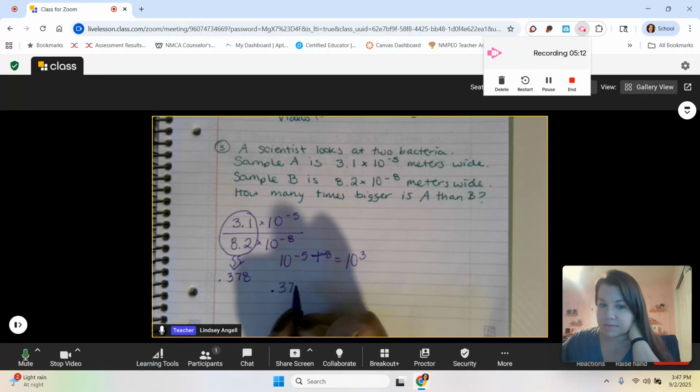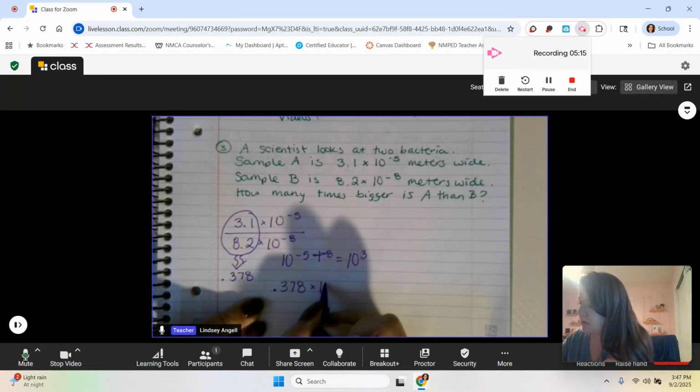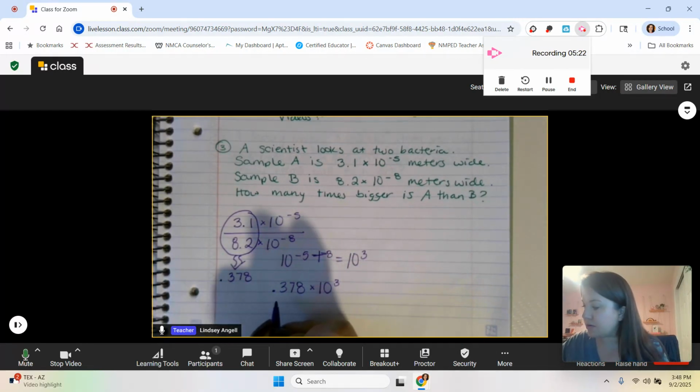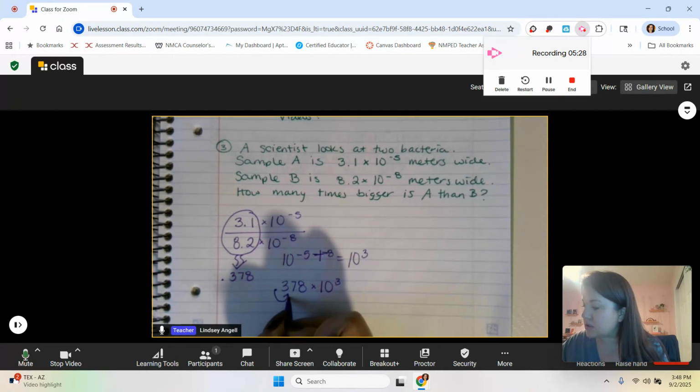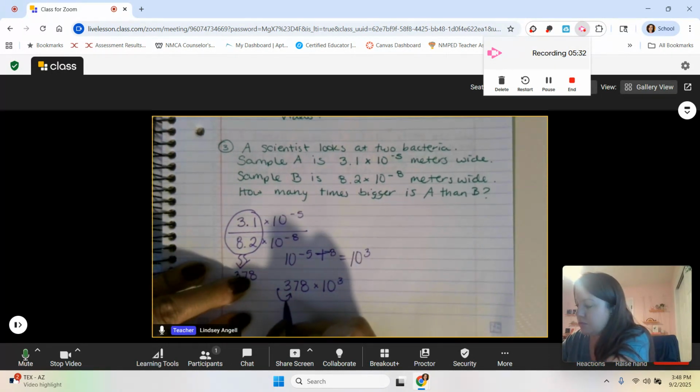Ten to the third. And after we do that, we need this to be between 1 and 10, right? So we're going to move our decimal one spot to the right to give us 3.78.